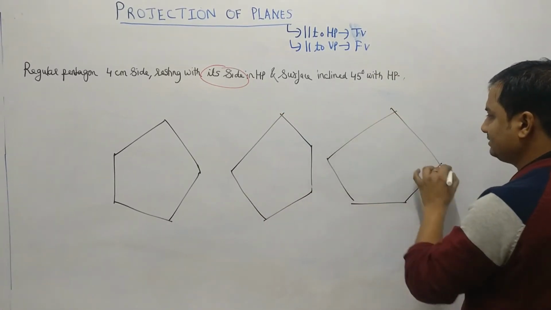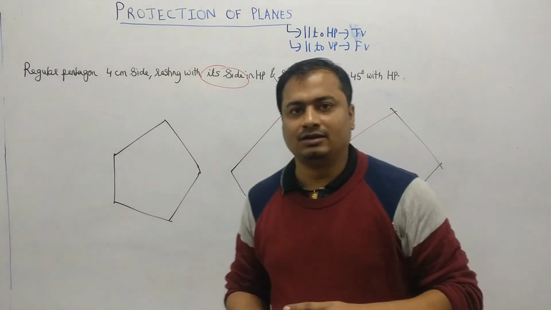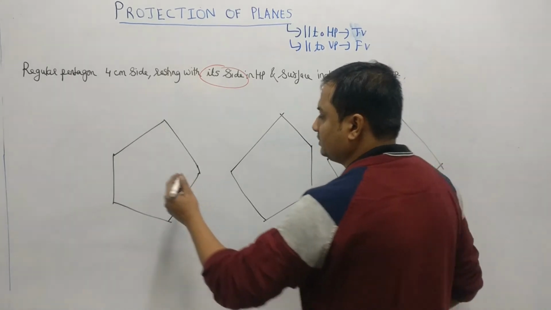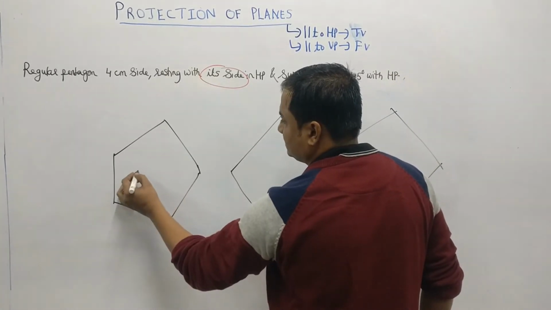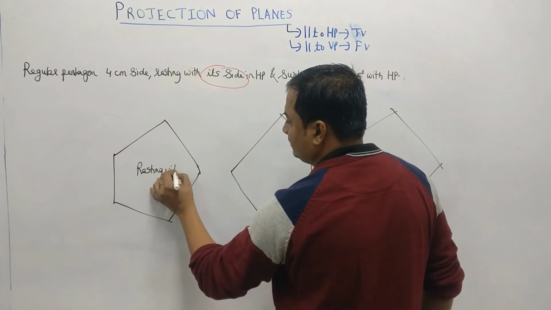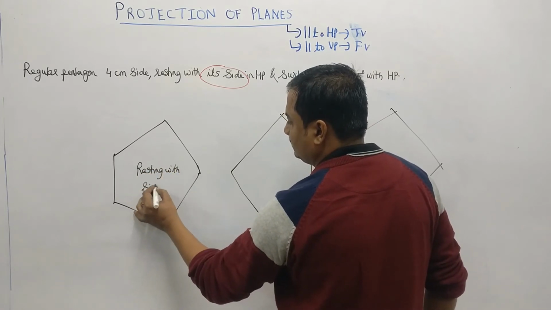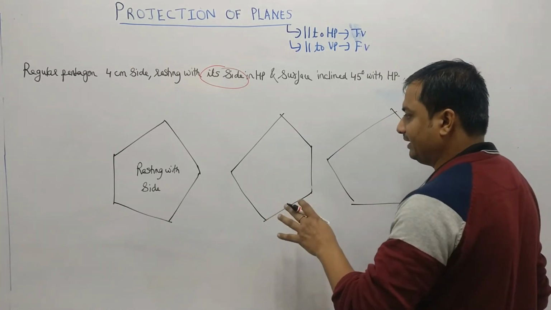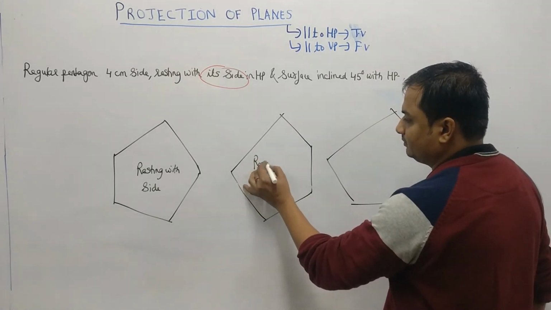So there are three cases regarding the starting of the pentagon when it is made parallel. This case you have to use when the problem is given resting with side.